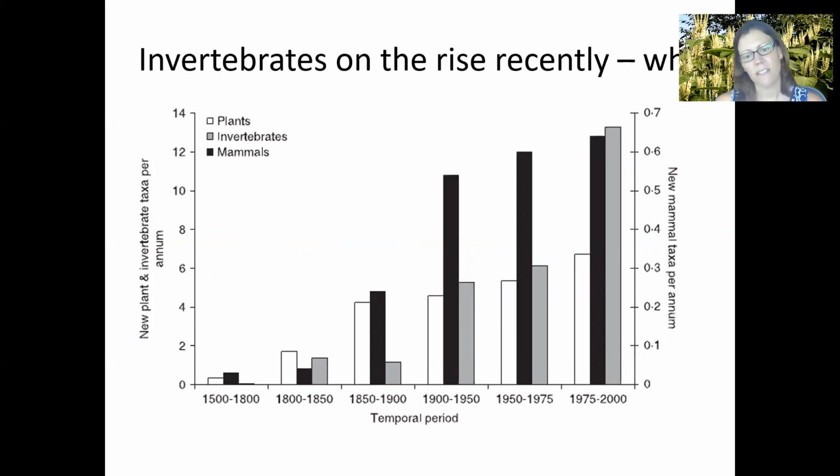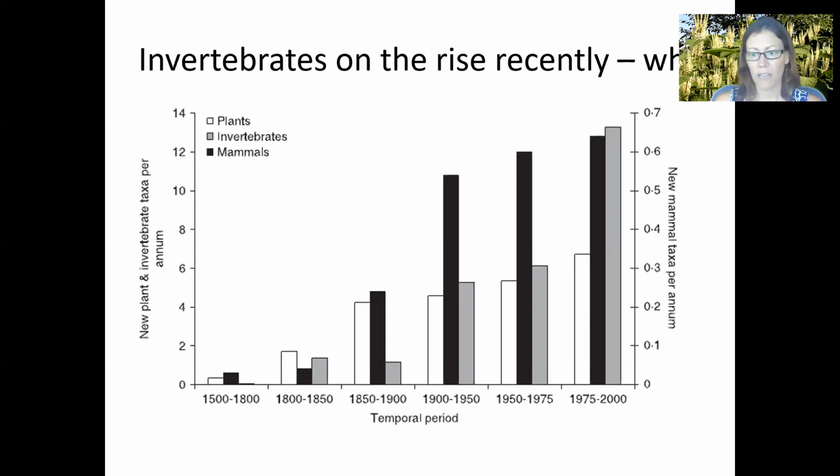This is from another study, a little bit of an older one, that suggests that the mammal side, at least, has continued to rise through 2000. Plant introductions continued to rise through that time period. Invertebrates have spiked, basically. They continued to rise, but rising quite a bit in that late 20th century time period.